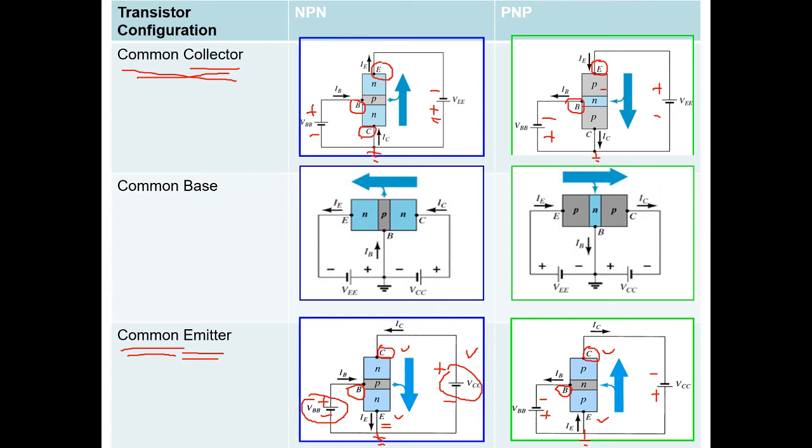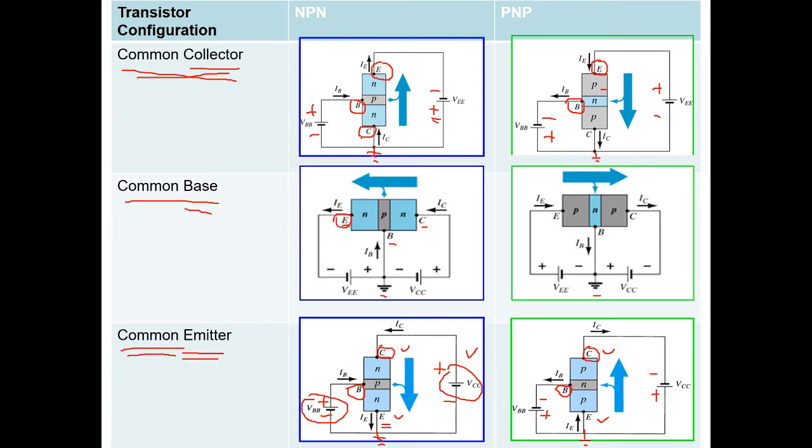The last one is common base. So the base is connected to the ground. Okay, so how do you determine the biasing for your emitter and also collector? Your base is already grounded. First of all, you see the emitter part.